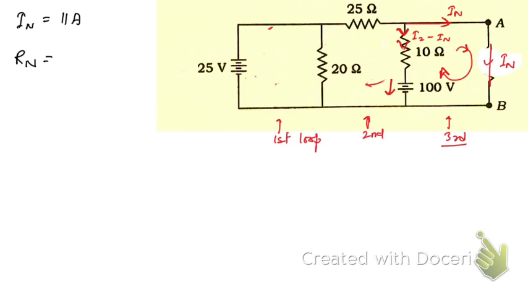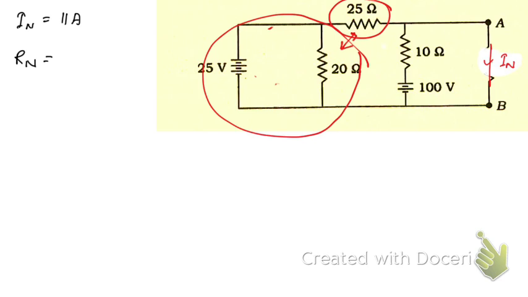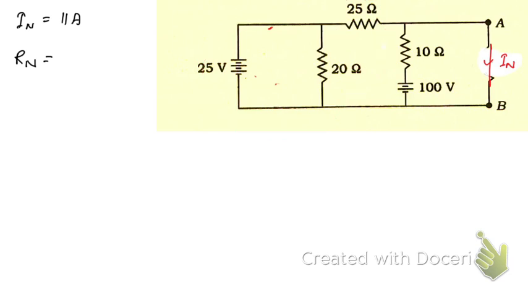First, here you see, how to obtain the equivalent resistance. In this first loop, the resistance is 20 ohm, then this whole thing is in series with this, and the equivalent of these two is in parallel with this 10 ohm, right? We're going to take it that way. Concentrate here.